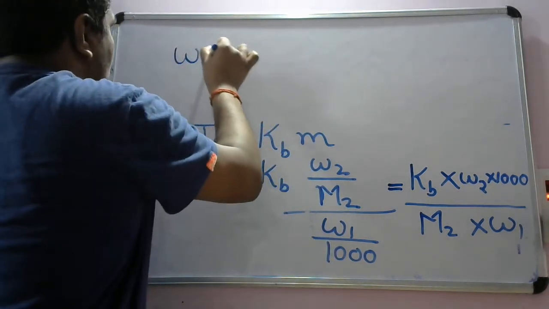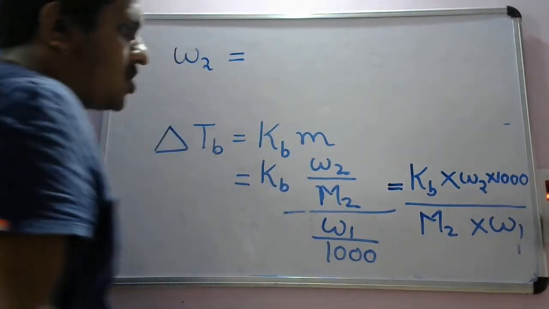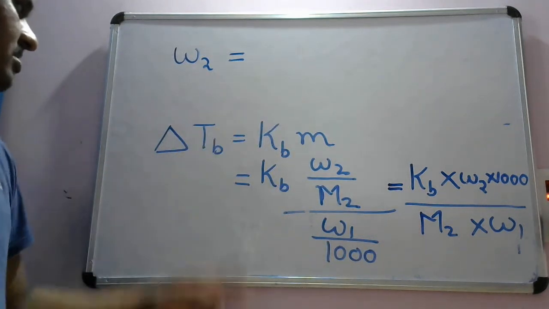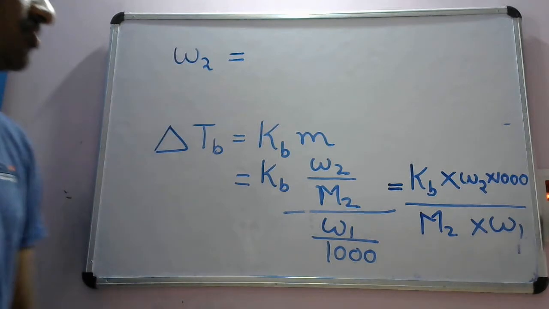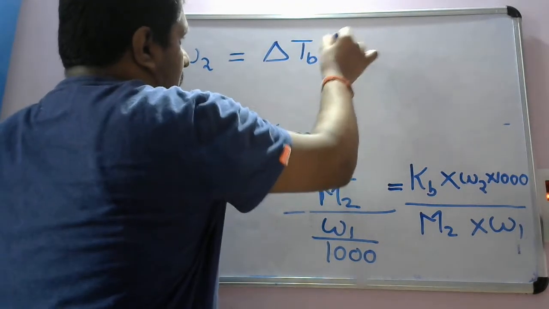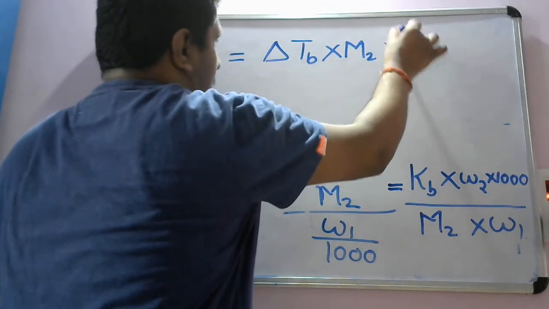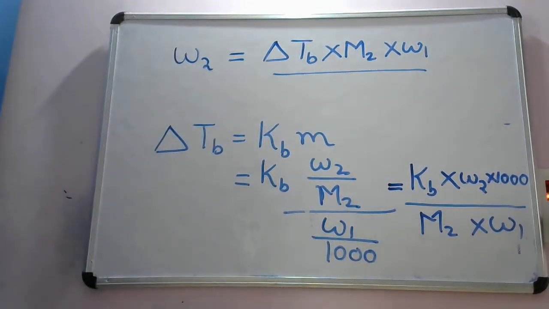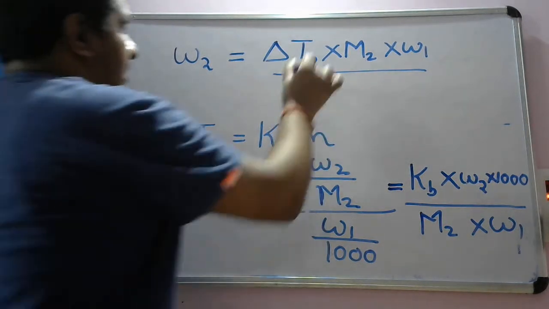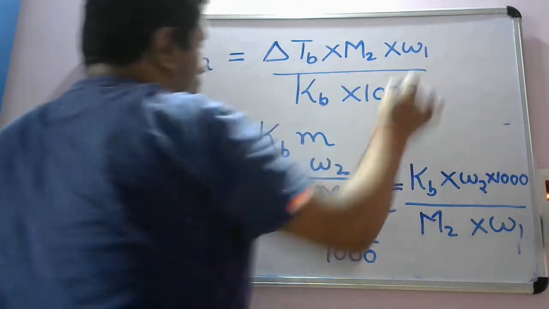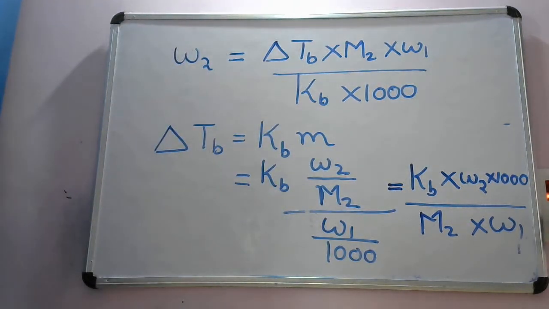We keep W2 on one side, all others we will bring to the other side. W2 equals delta TB into M2 into W1 by Kb into 1000. So we simplified this formula and we got this formula.